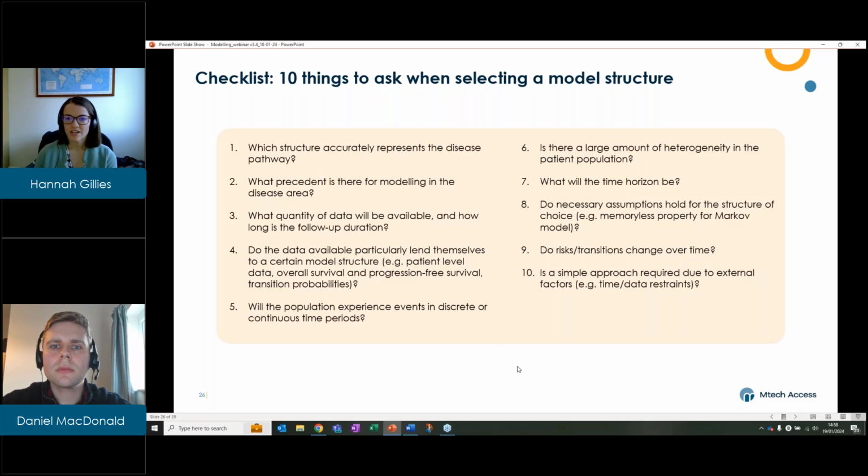Do risks and transitions change over time? If so, you may need to include a semi-Markov approach or look to do more complex modelling, such as a discrete event simulation. And the last point is more of a practical consideration, whether a simple approach is needed due to external factors such as time and data restraints.